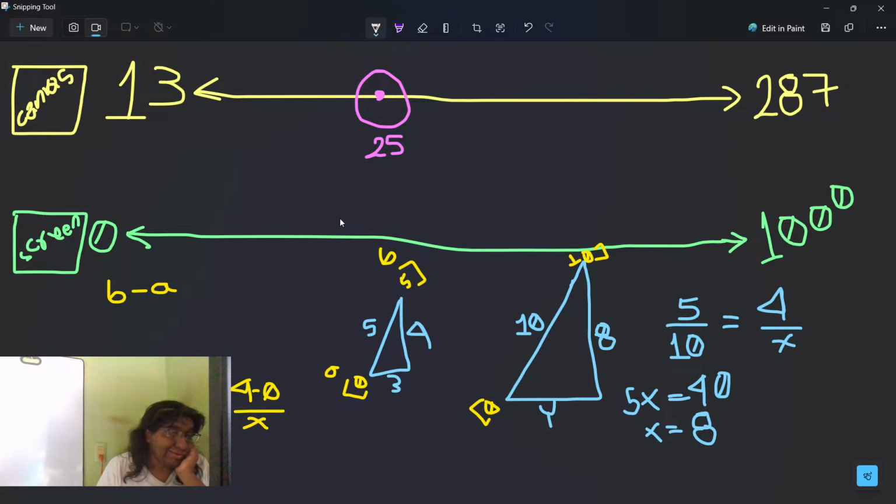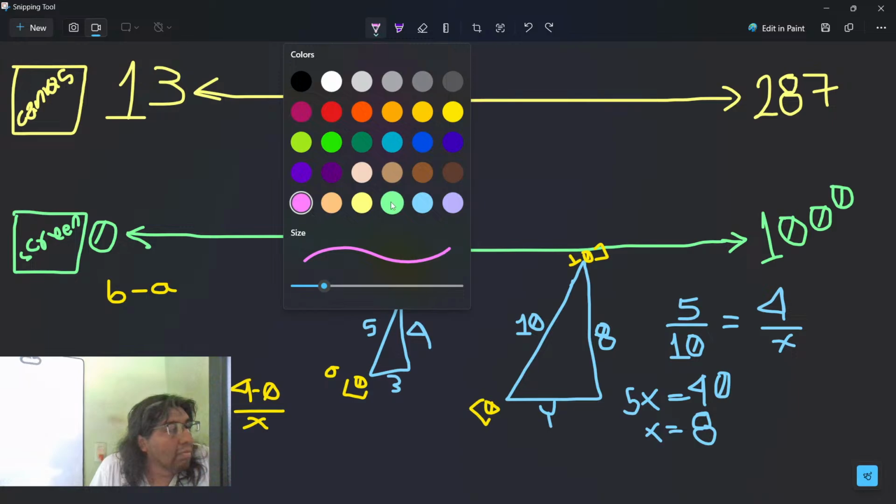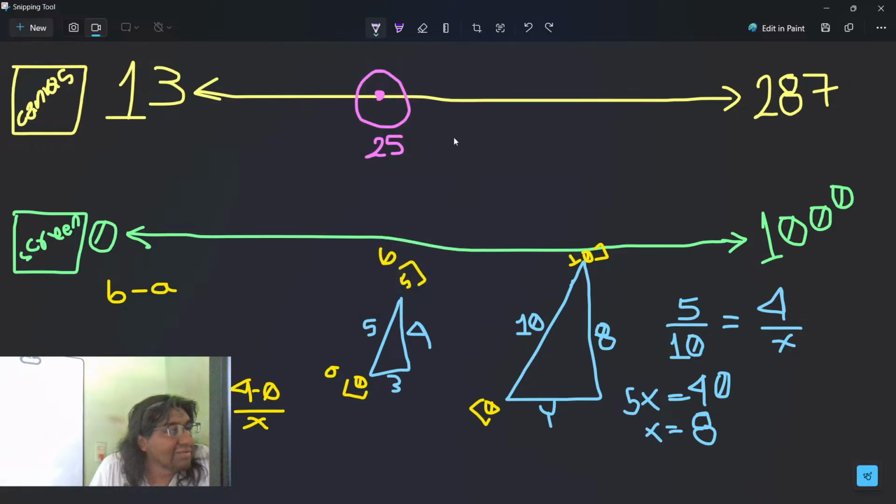So for us, it will be 200 2 minus 13 over 1000. We can leave that alone.